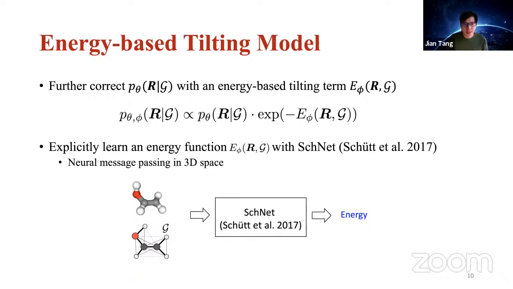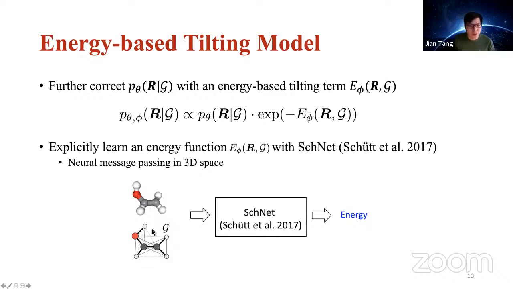Then the second part, as we just mentioned, is that we further try to modify this distribution with the energy-based tilting term E_phi(R, G). Remember, this E_phi(R, G) estimates the energy of the current conformation, and this energy is estimated by a neural network.